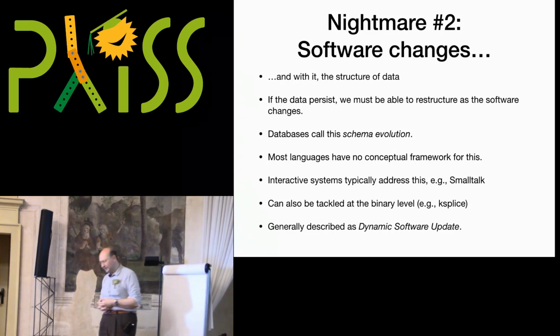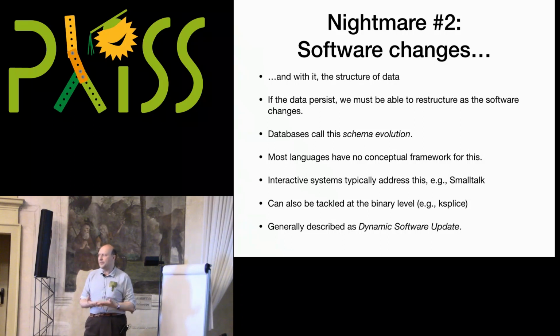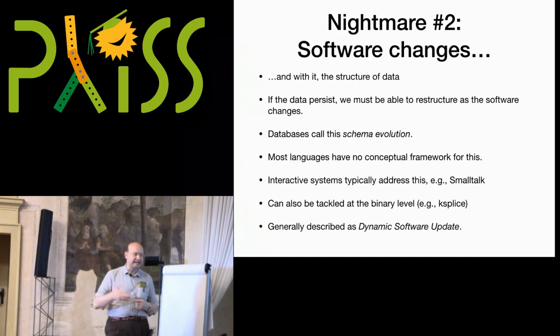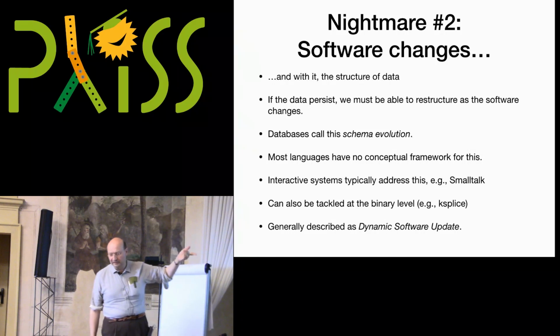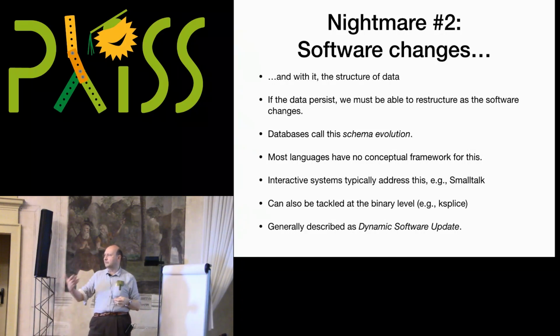There is an alternate path that we could hypothesize, but I'm not sure I can think of any really good examples of it in the persistent space, which is doing all the changes at the binary level, basically installing patches and modifying our data that way. There is an interesting example from Oracle called ksplice, which patches Linux kernels, that's what the K stands for, while they're running.